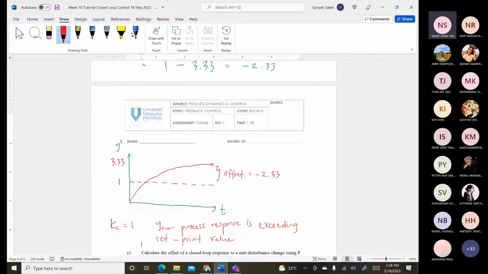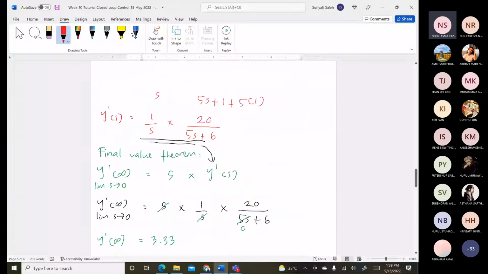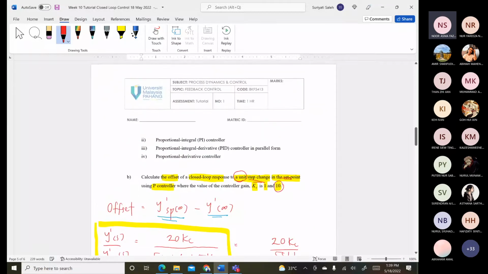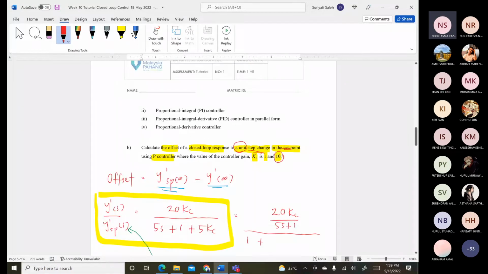The good controller must be able to maintain the process at set point. So if you get offset 0, your controller is okay. If your offset is not 0, then you need further improvement. So that's why in this case, you need to calculate when your Kc equal to 10 and see what happens.